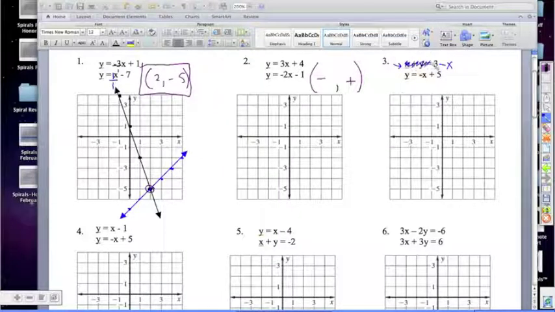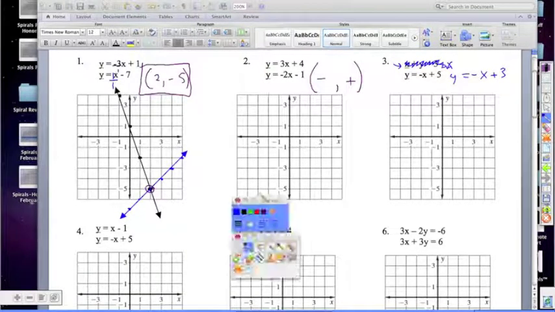We're going to ignore the old, and it's going to be y equals negative x plus 3. In this form, we have a y-intercept, we have a slope, and hopefully you can identify, here's a big hint, that the slope here is the same thing as the slope here.